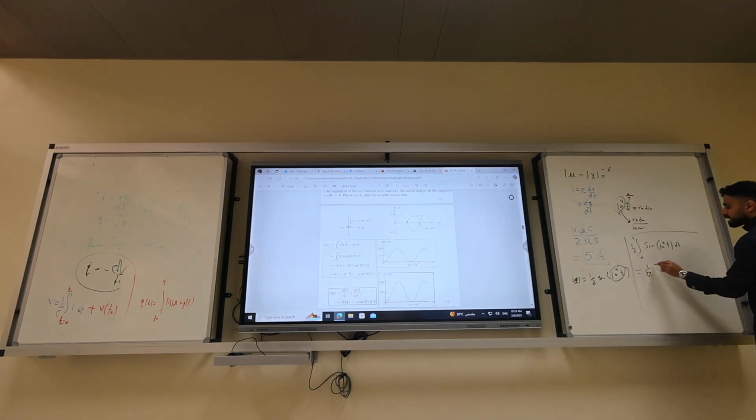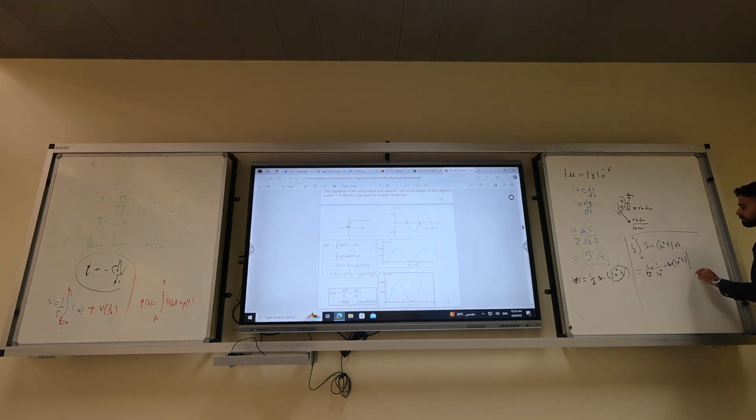So 1 over 2 times 1 over 10 to the power 4 times minus cosine of the same number, right? And then you do it across the limit of 0 and t, right? So it will be 0.5 times 10 to the minus 4 times minus cosine 10 to the 4 t, and then cosine of 0 is what? 1. So it will be minus 1, so it will be plus 1.